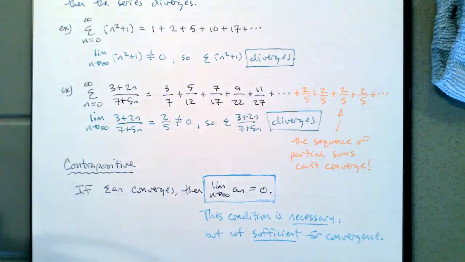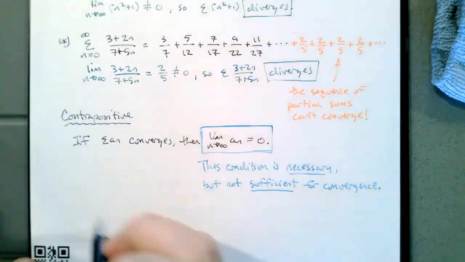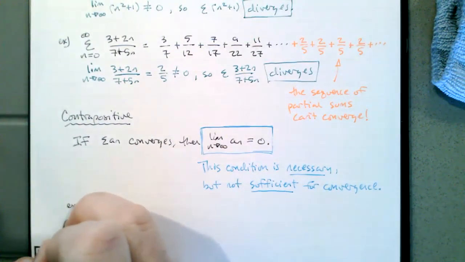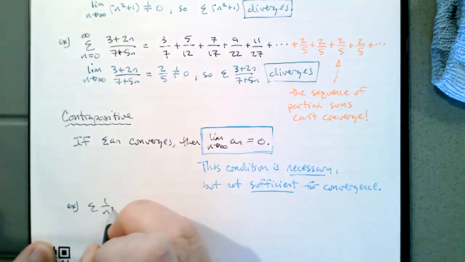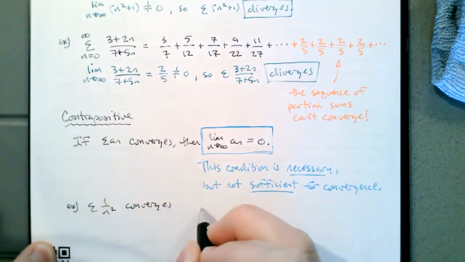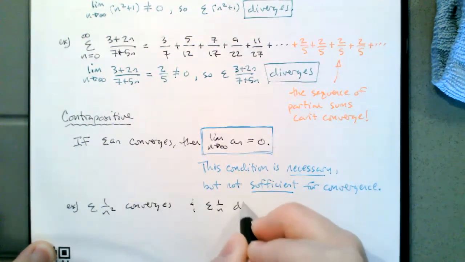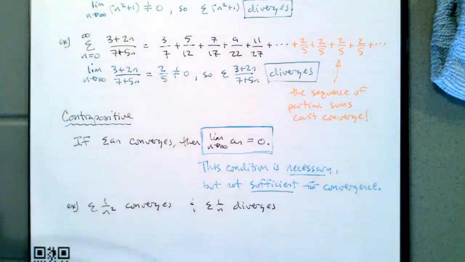The important thing is that the limit of the terms equals 0 is a necessary but not sufficient condition for convergence. So just for a quick example, in the waning minutes of class, the series 1 over n squared converges, and the series 1 over n diverges. In both cases, the limit of the terms is equal to 0.